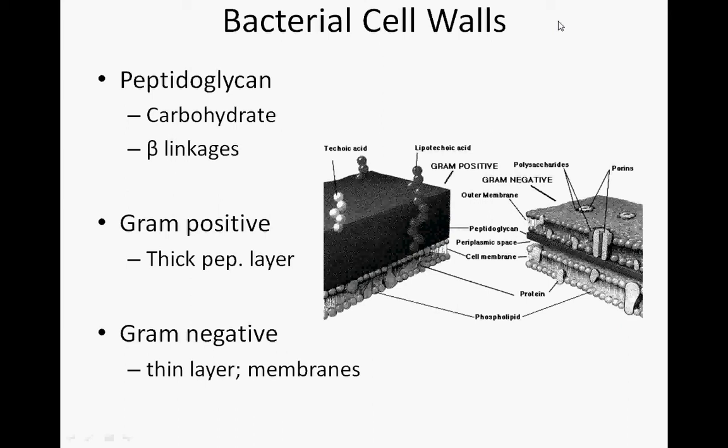Okay, so bacterial cell walls come in a couple of different flavors, but the basic substance that they're made of, once again, is peptidoglycan, which is a structural carbohydrate, and the individual monomers of this big long structural carbohydrate are held together by beta glycosidic linkages.